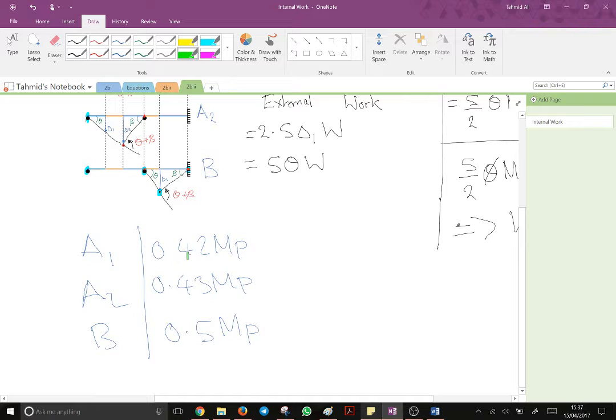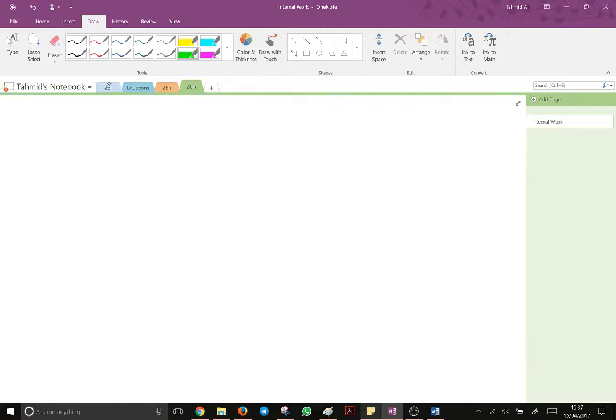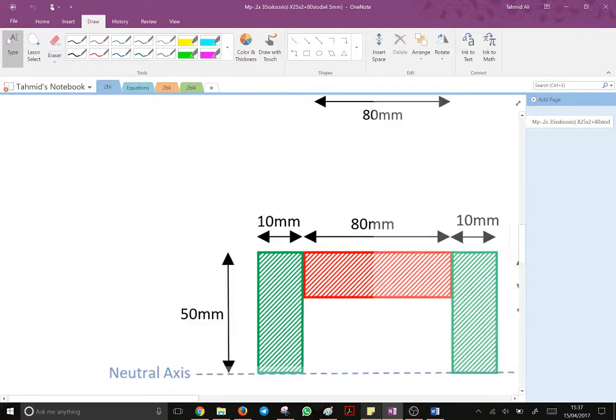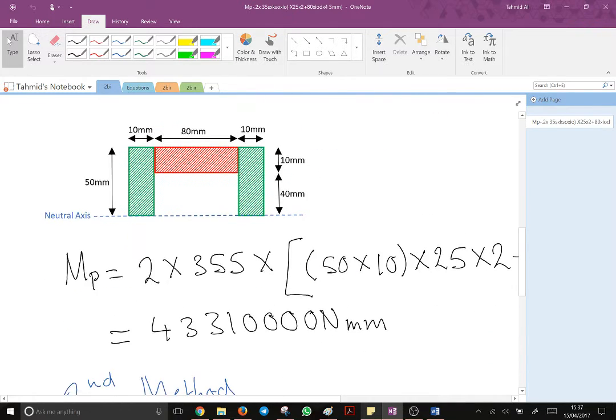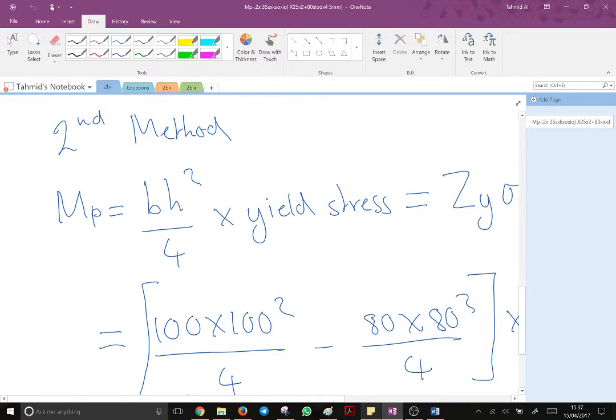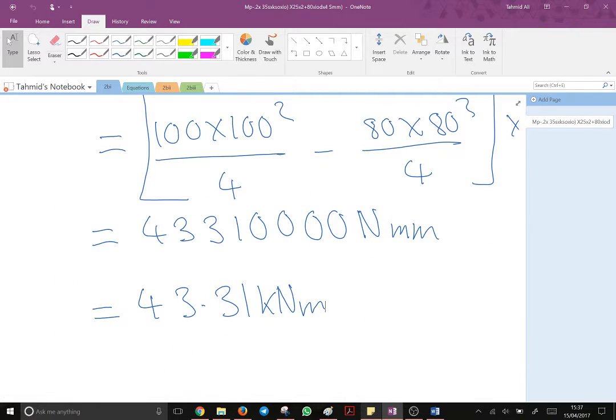We can multiply 0.42 by MP, and we will get the load at collapse. Looking at the previous part of the question, it was found that MP is equal to 43.31 kilonewton meters. Make sure the dimensions are correct because in part III we were dealing with meters, so we take this unit.